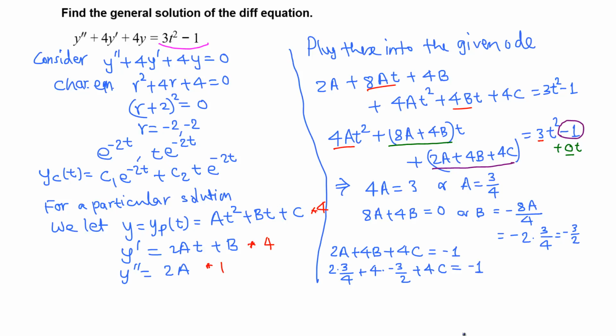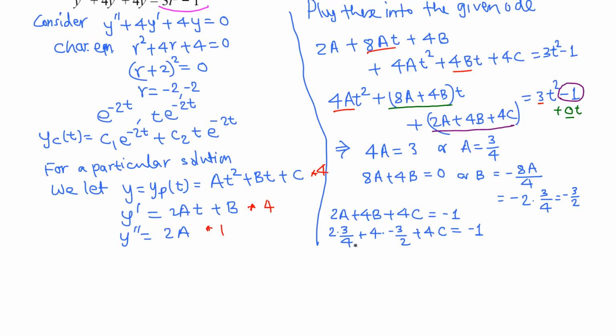Okay, let's simplify the left hand side. 2 goes into 4 twice, so 3/2. And 4 times negative 3/2 is negative 6, plus 4C equals negative 1.